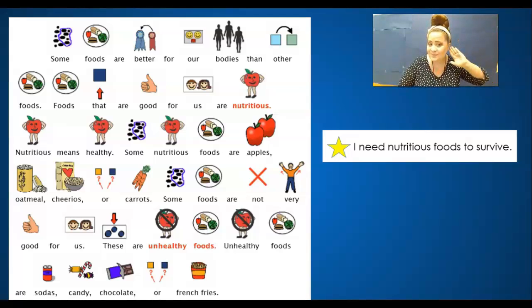Did you say soda? That's right. Soda is an example of unhealthy food. Do you see the star? Can you remind me of our repeated storyline? That's right. I need nutritious food to survive. Good job.